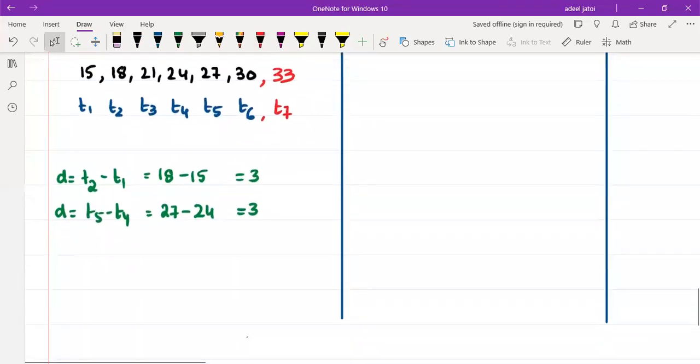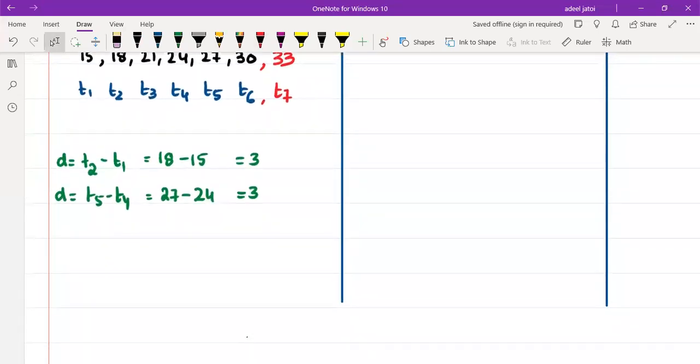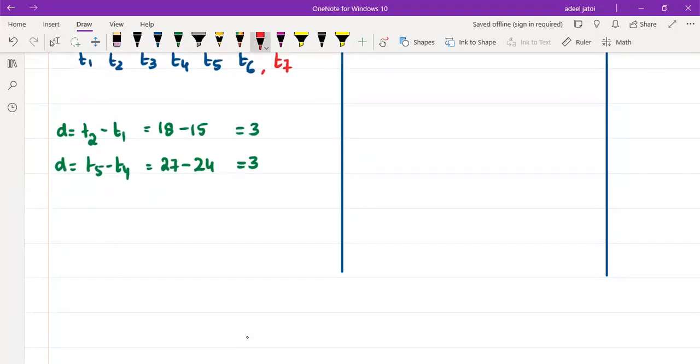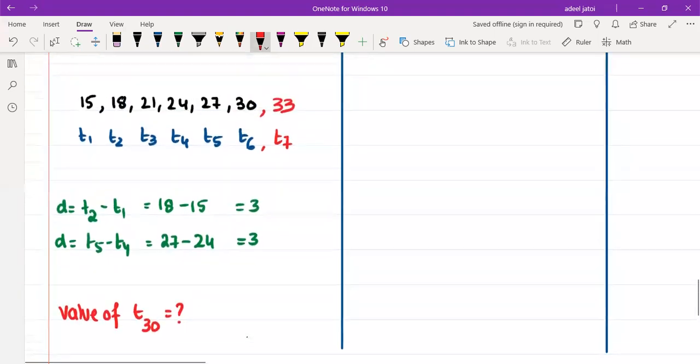Now, when we talk about terms, if the question had directly asked for the value of term 30, obviously we will not be opening the terms up to term 30.